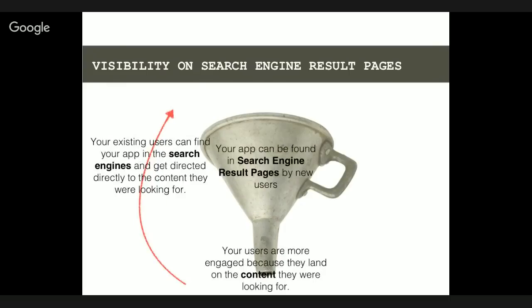Your app can be found in the search engines by new users. When users click on your search results, they are directed to the right content, and they are more likely to be more engaged with your app.